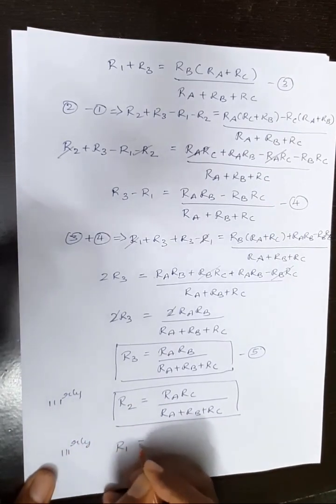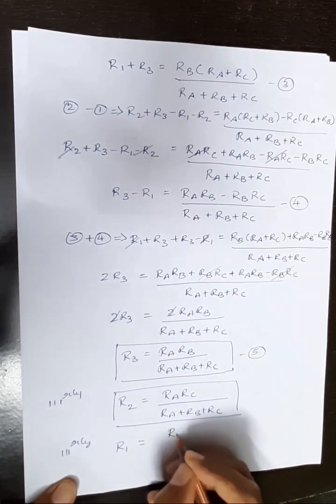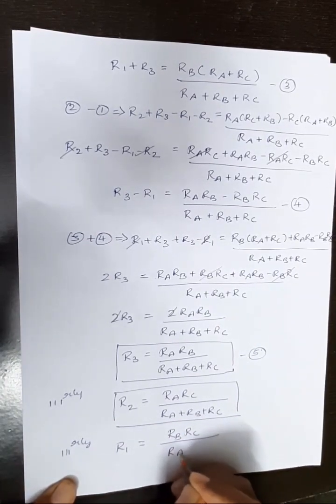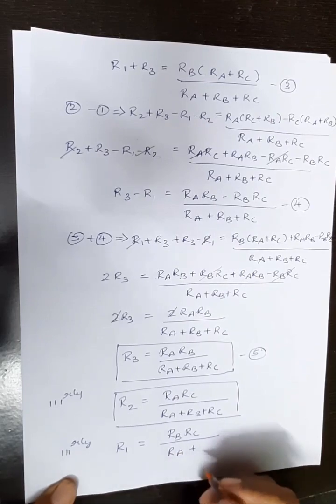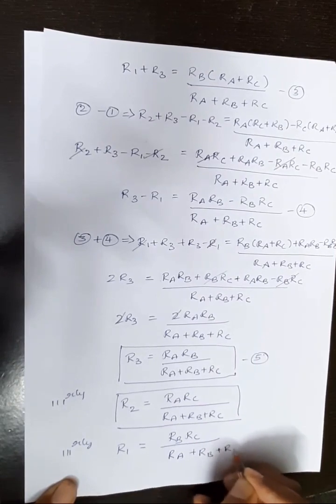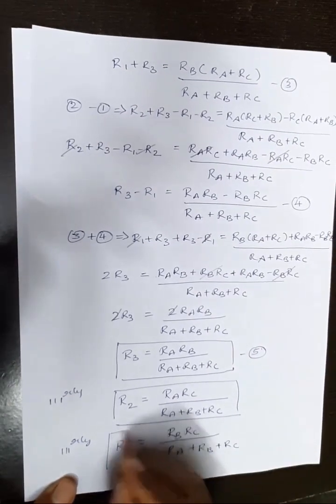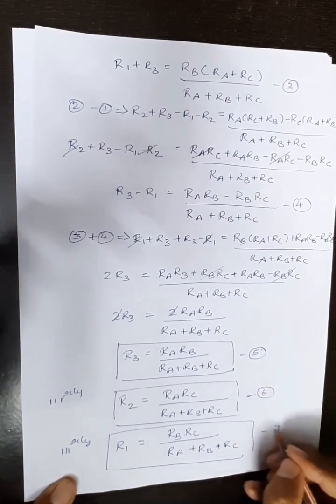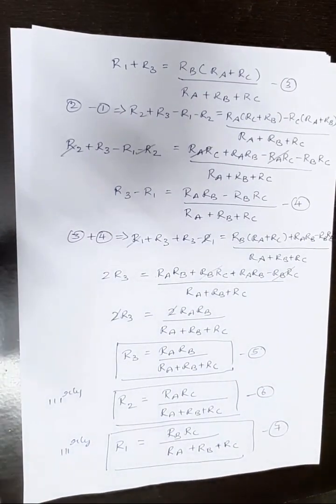R1 equation will be RB into RC whole divided by RA plus RB plus RC. Consider this as equation 6 and consider this as equation number 7.